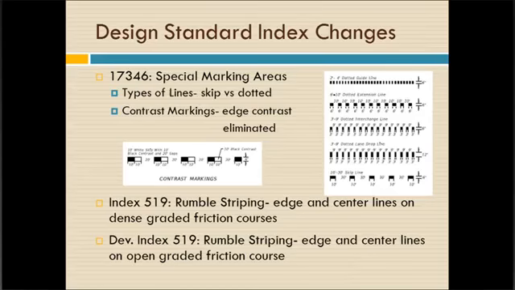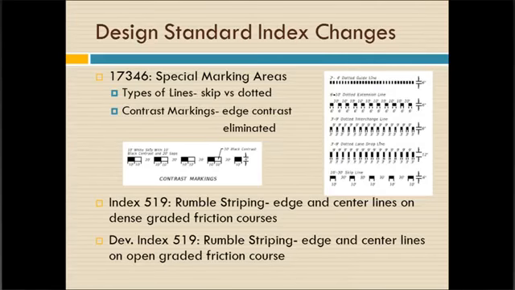Okay, let's talk a little bit about the index changes. When you open the bulletin for rumble striping, you'll notice that there are two design indexes that relate to rumble striping. The first is index 519. Now, when we get into rumble striping, this is another reason why it may have been a little bit delayed.